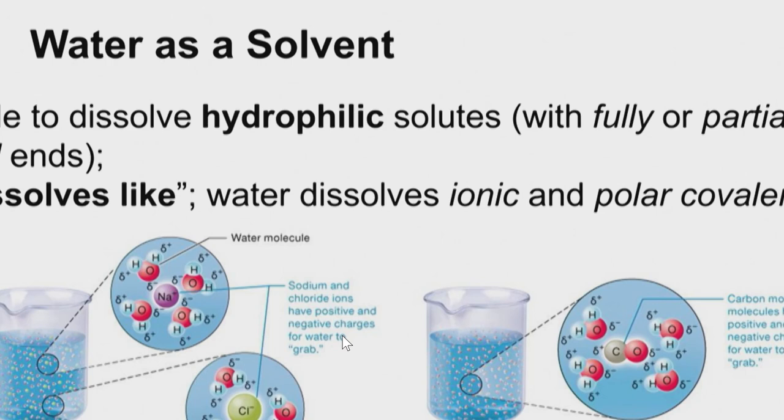That's what hydrophilic means. It also means that it's going to be partially charged, or polar. And so this is where we get the idea that like dissolves like. What I mean by that is that water is polar, so therefore, water is going to dissolve polar, ionic compounds and solutes.